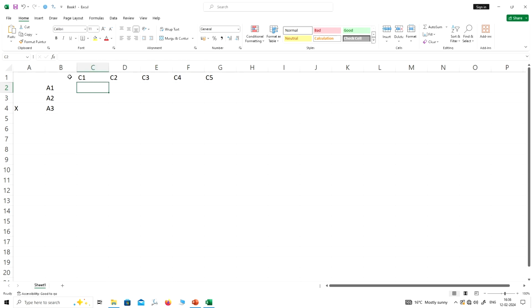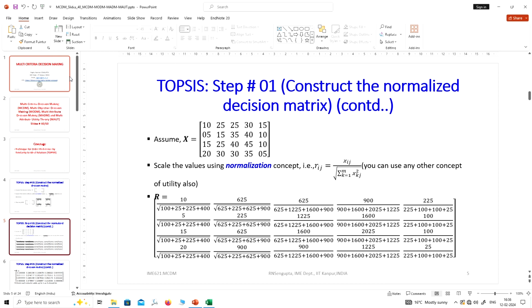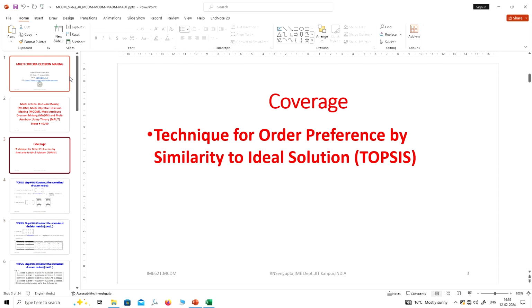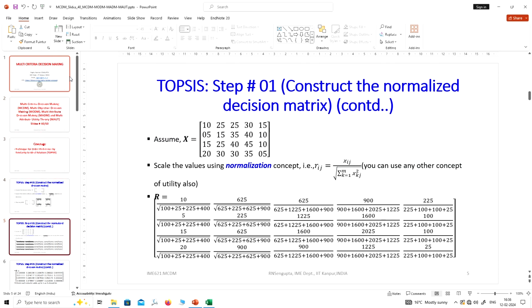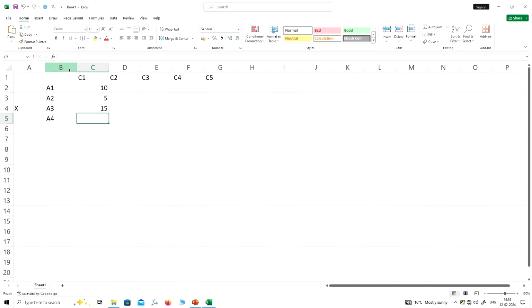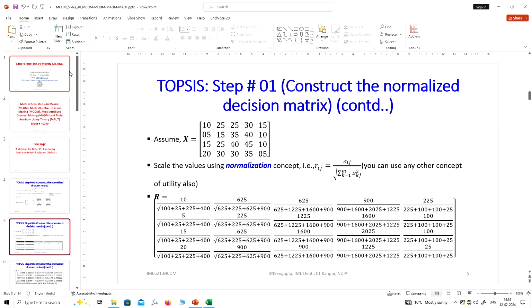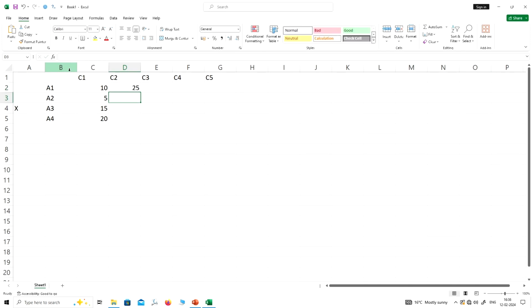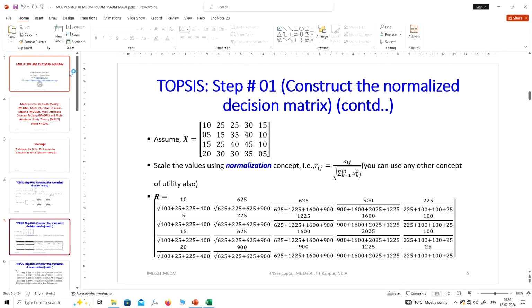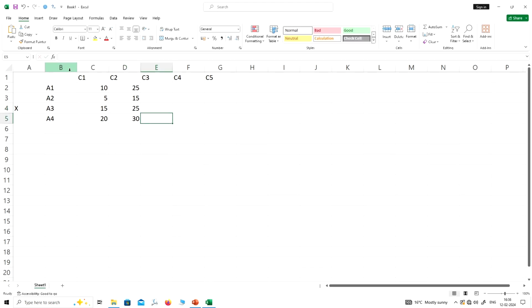The scores are given as 10, 5, 15, and I am considering another one also, which would be A4, 20. For criteria 2: 25, 15, 25, 30.